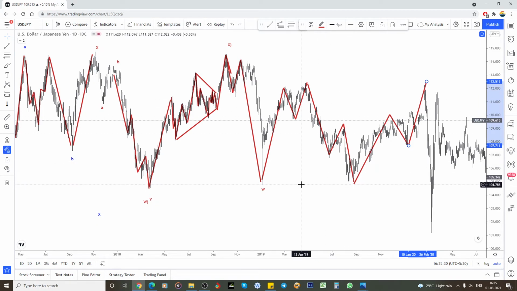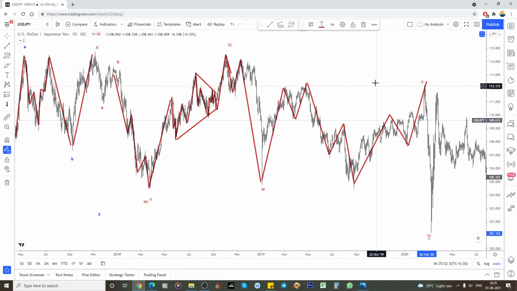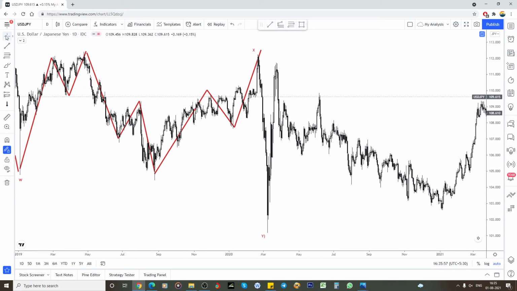See, here it has already broken the low, right? This low was already broken. So this A, B, C is a running flat formation for this X, and this Y is already completed. So this is the Y, and now we are in the bullish phase, and after this drop from here it bounced.